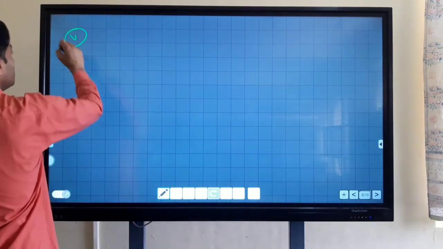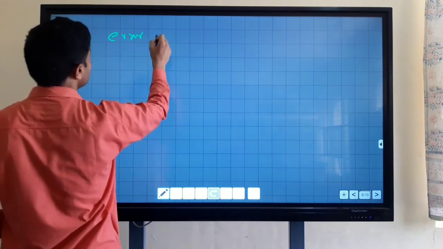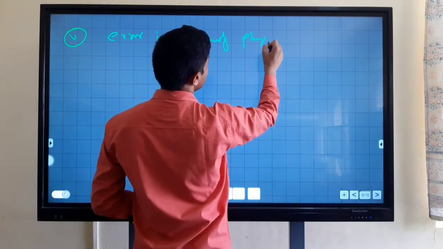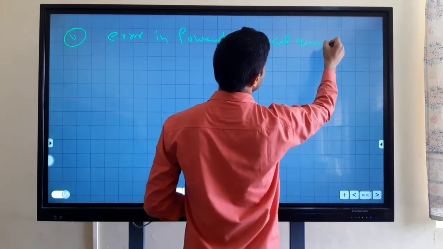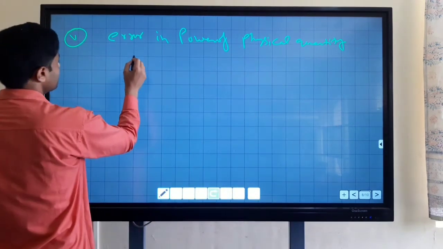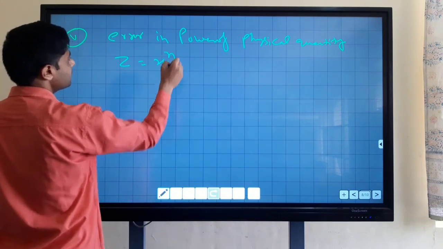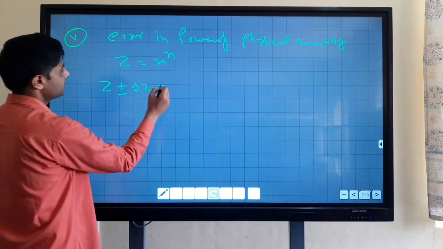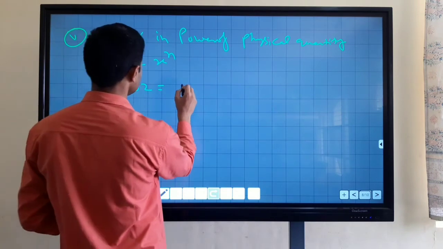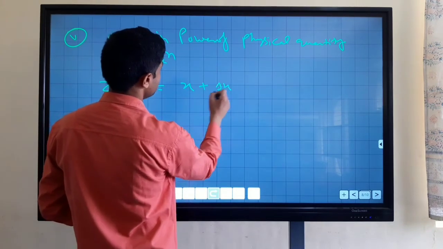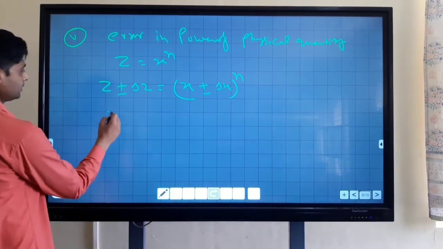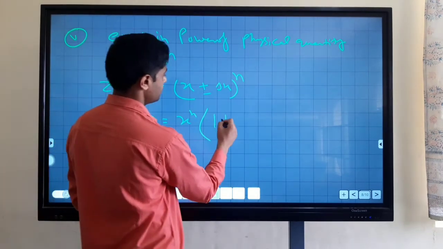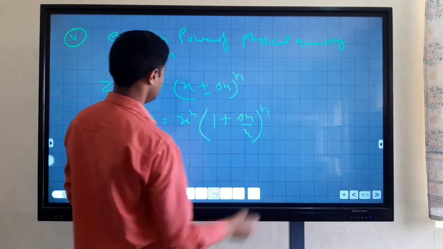Now, error in power of a physical quantity, like Z equals x to the power n, then Z plus del Z equals x plus del x to the power n, so Z plus del Z equals x to the power n, 1 plus del x upon x to the power n.